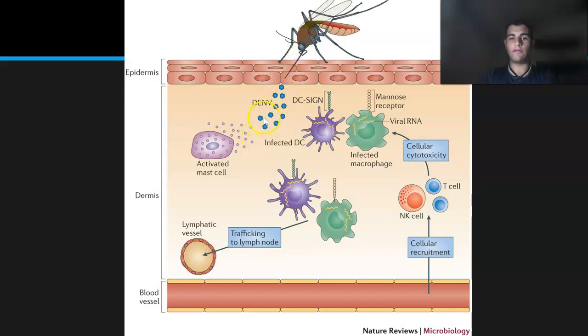Also, whenever you have the initial encounter of the DNV virus in the cell, activated mast cells release cytokines as a reaction towards the viral DNA. Once those dendritic cells and macrophages are infected, they are trafficked to the lymph node and travel throughout the body through the lymphatic vessels for infection and inoculation in other organs, which will cause harsher symptoms.